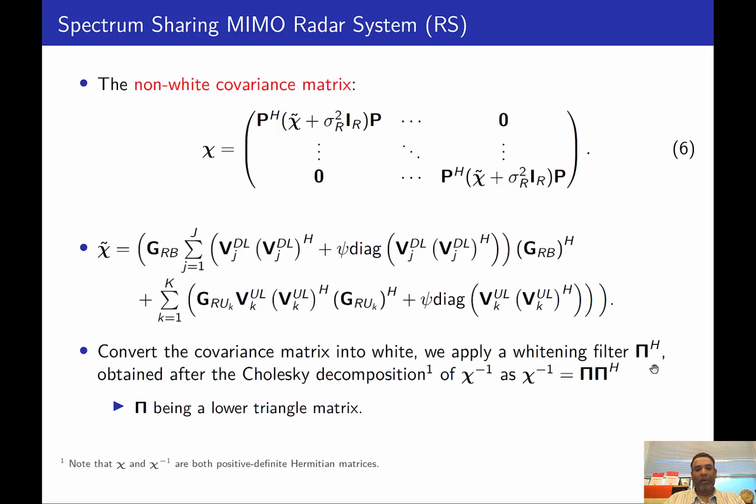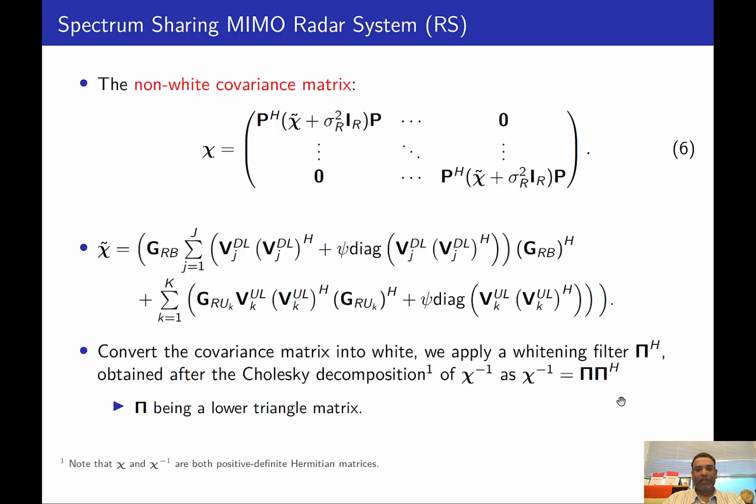We apply a whitening filter. How do we do that? We do a Cholesky decomposition of this. So Pi is the lower triangular matrix of the Cholesky decomposition of Psi inverse.